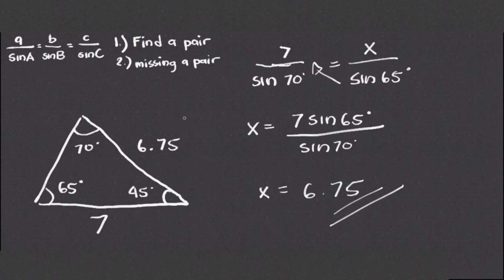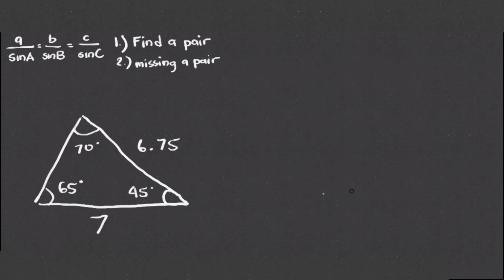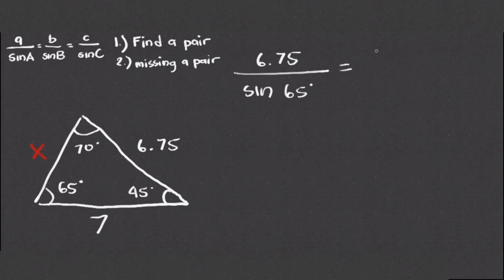So the 45 degrees is the only one that's missing its pair. And let's solve it by using this pair, 65 degrees and 6.75. Let's call the missing one x. So 6.75 over its angle, sine 65 degrees, is equal to the missing one, x, over its angle, sine 45 degrees.